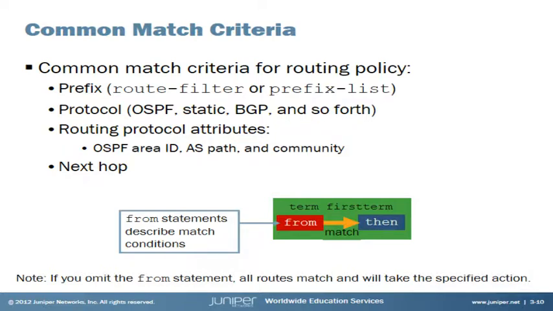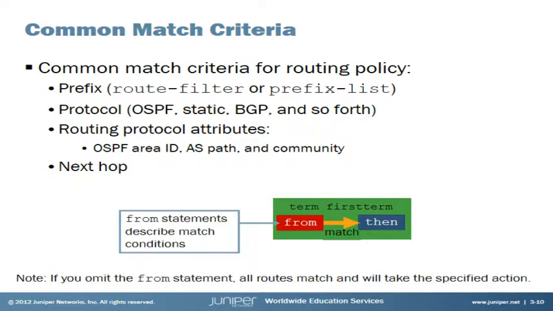And what we're trying to do here is either import or export from our routing table. And then there may be some attributes that we're matching on. It may be an area. We may say, well, we will accept routes from OSPF area 0. Or if it's BGP, we may be matching on a particular autonomous system path or a particular BGP community.